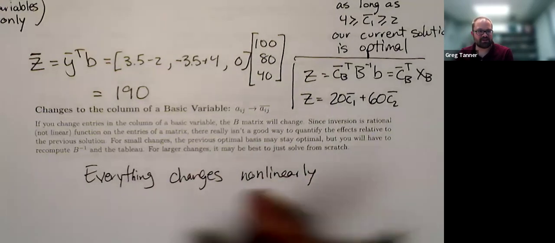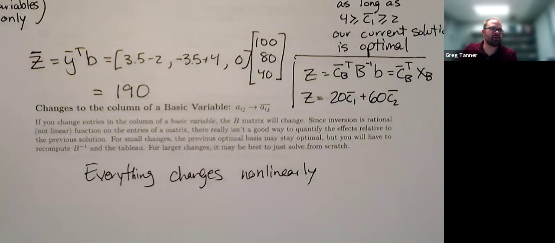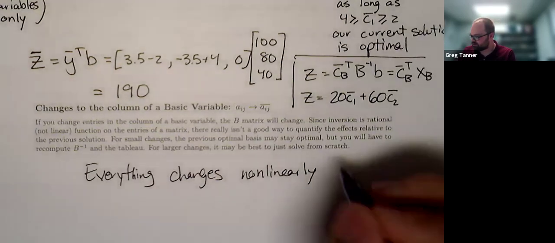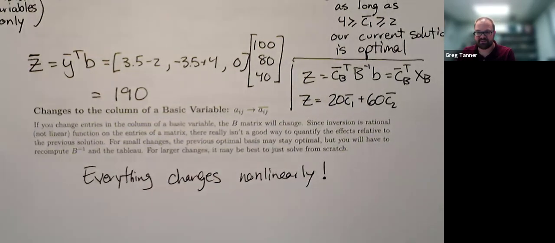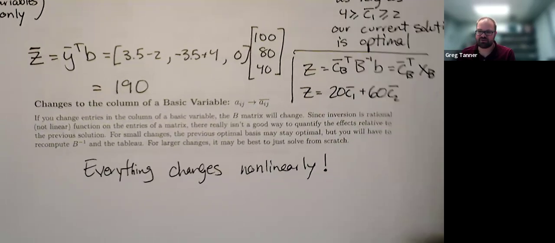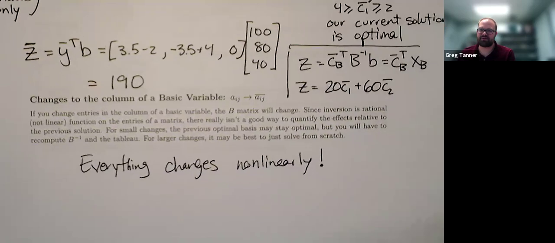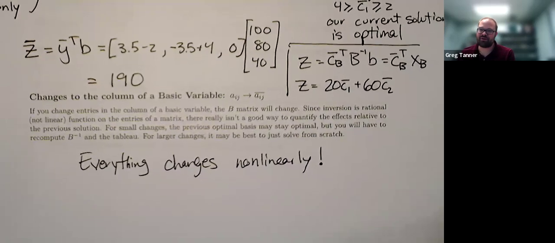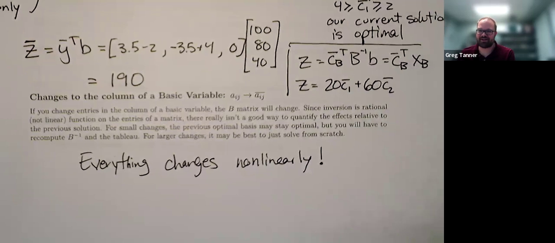There's maybe less to say about this case because it's maybe the messiest to deal with. And so it might be worth just resolving from scratch. There's maybe some shortcuts, but they're so long that they're not really worth talking about as a shortcut.